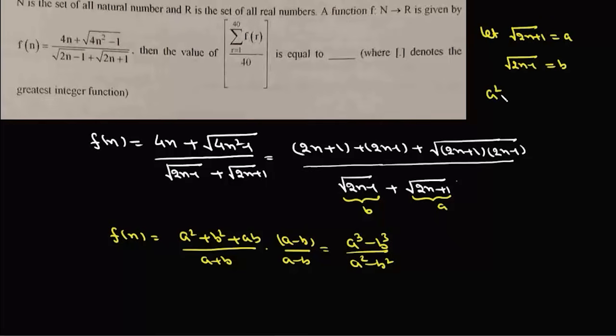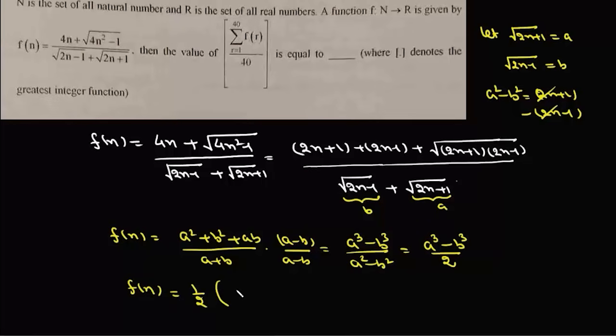Now if we look at a square minus b square, it will be 2n plus 1 minus (2n minus 1). This 2n and 2n will cancel. So in the denominator, we'll have 2. So it will be simply (a cube minus b cube) by 2. So we can write this f(n) as 1 by 2 times [(2n plus 1) to the power 3 by 2 minus (2n minus 1) to the power 3 by 2].